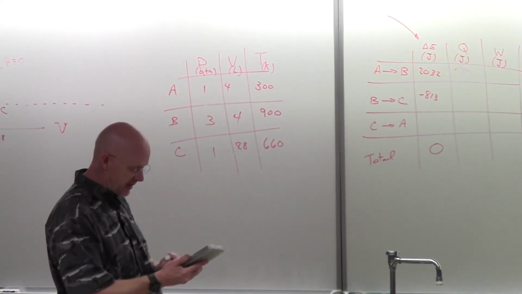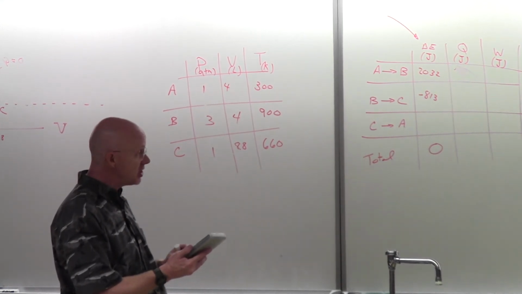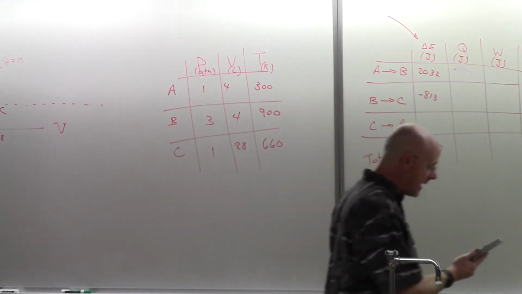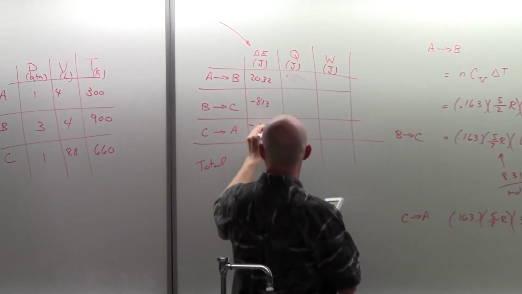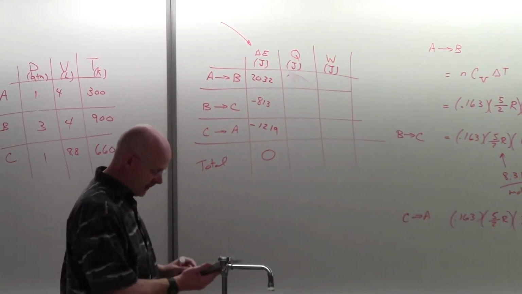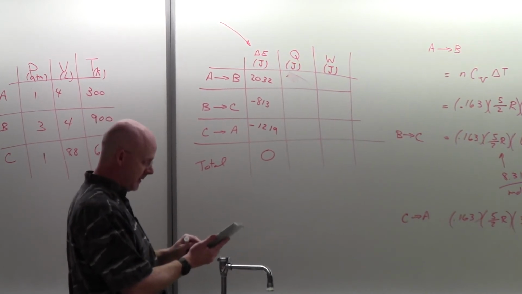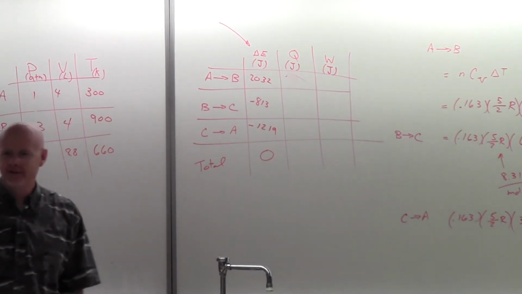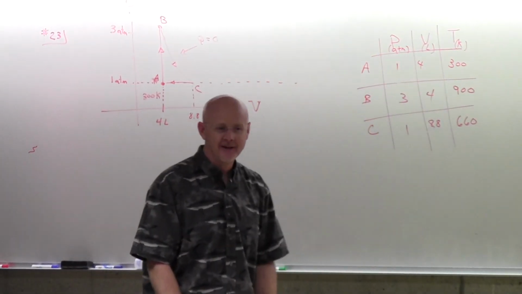So 0.163 times 2.5 times R times a change in temperature of 300 minus 660 comes to a negative 1219. And I hope that when I put these three together, I get 0. Yay! Feeling good about that one, right?